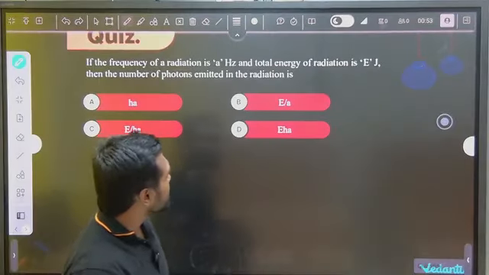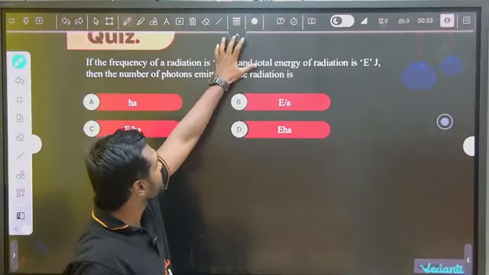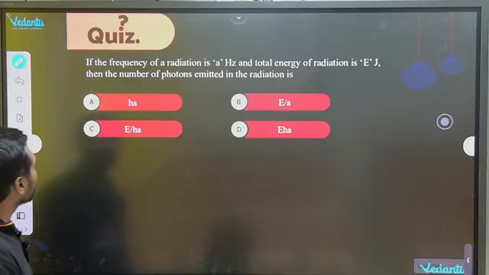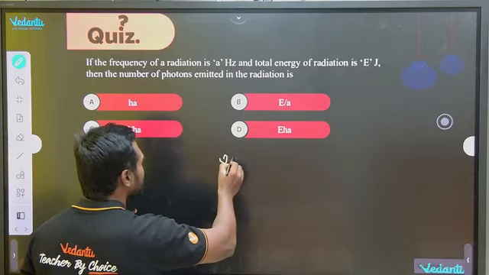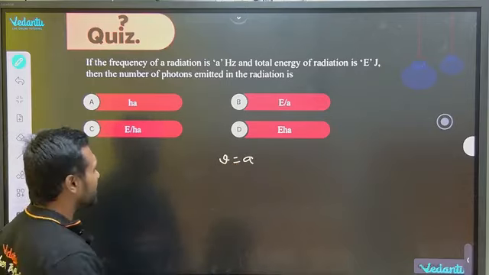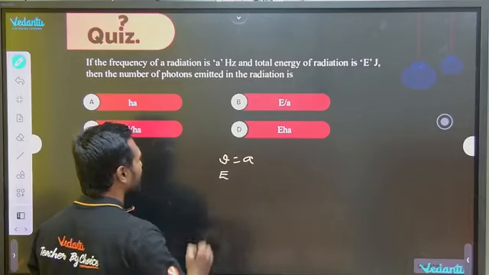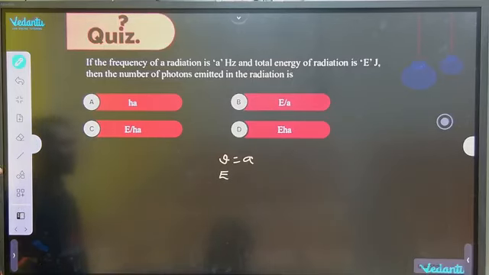So let's solve a few questions again. If the frequency of radiation is A hertz, that is, nu is given as A, and the total energy of radiation is given as E, then the number of photons emitted in the radiation.